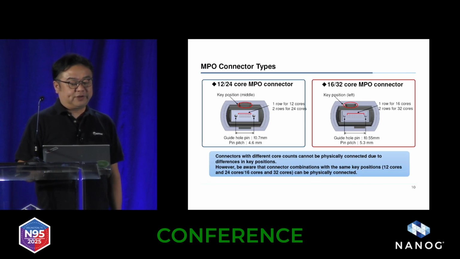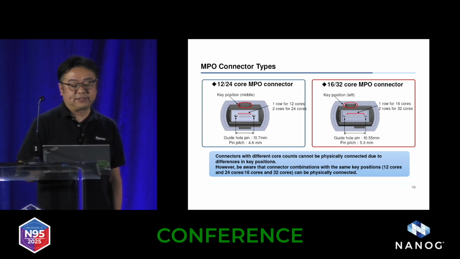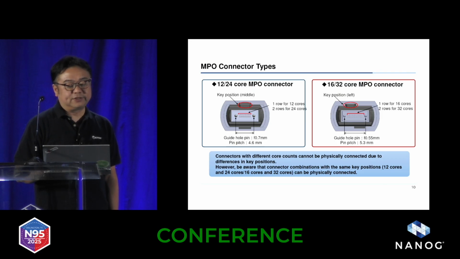The MPO connectors are available with different fiber counts. They are primarily available with 12 or 24 cores, but some Ethernet standards also specify 16 and 32 cores as well. The diameters of the guide pin and guide holes are different between the 12 and 24 core connectors and the 16 and 32 core connectors. The position of the key is also different.